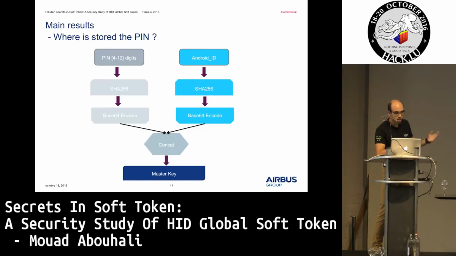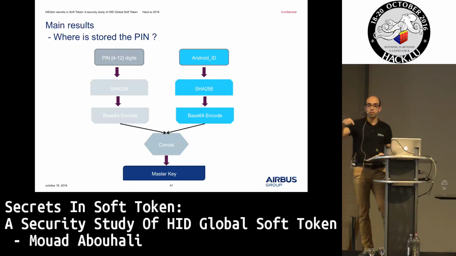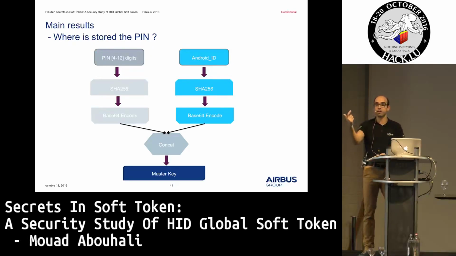The PIN, which can be between 4 and 12 digits, is submitted to SHA-256 and then encoded with base 64. The same process is done on the Android ID, and as you know, the Android ID is a security attribute used by Android devices to uniquely identify an Android device.